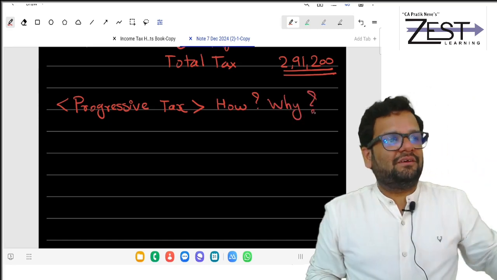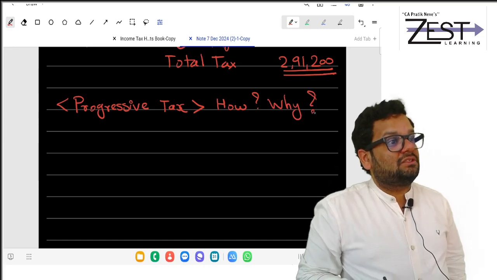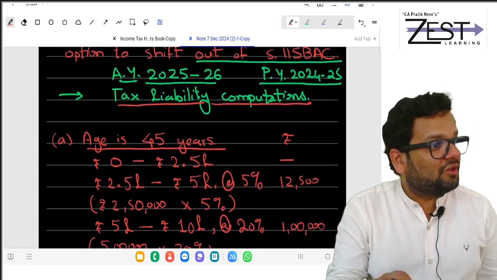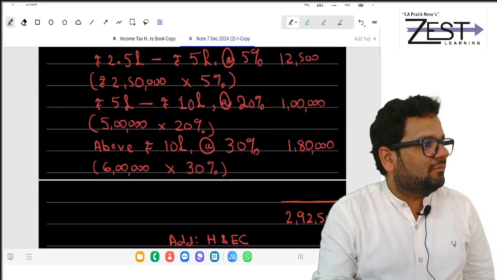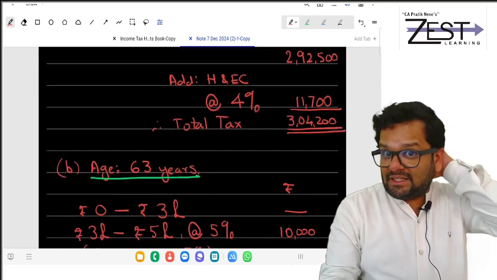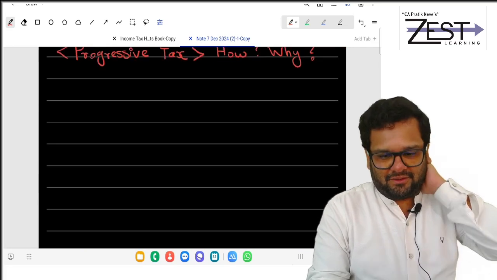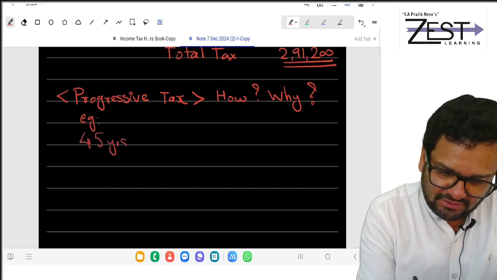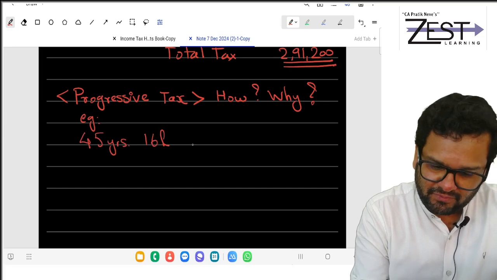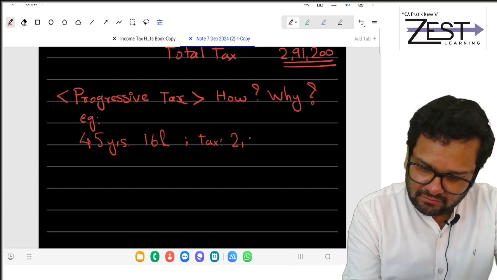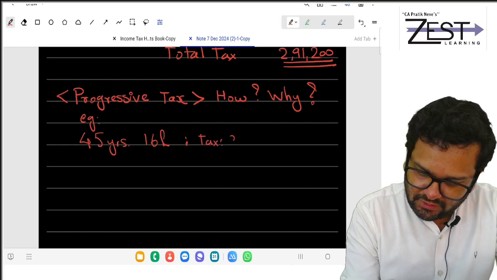You have just now calculated income tax for whom? For this person of 45 years, at what income? 45 years, 16 lakhs income. Can you tell me what is the tax? 3 lakh 4,200.